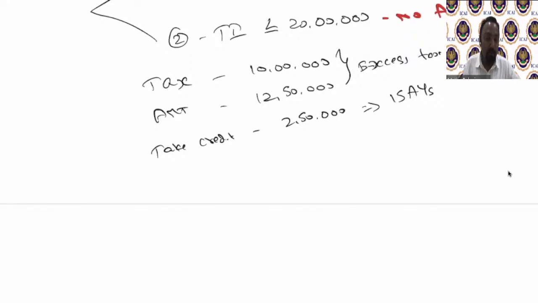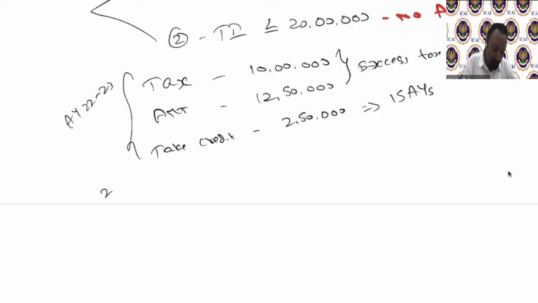So you can carry forward up to 15 assessment years, irrespective of whether you are paying under alternate minimum tax, irrespective of whether you have that heading C income or chapter 10 income. Now, let's say this is assessment year 22-23.